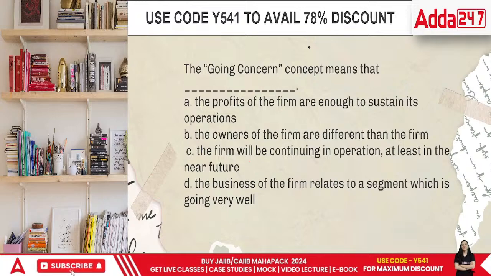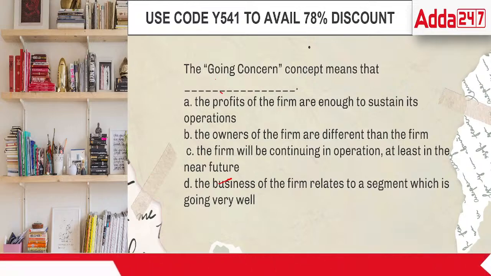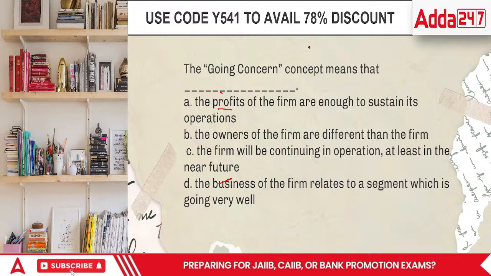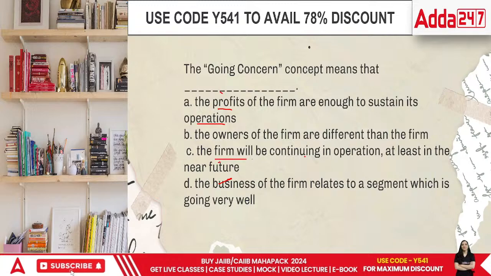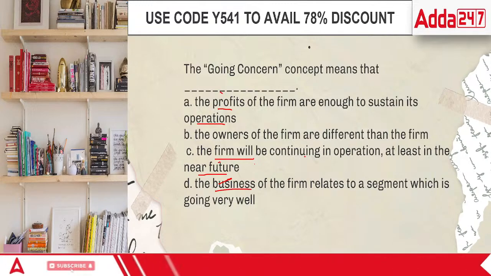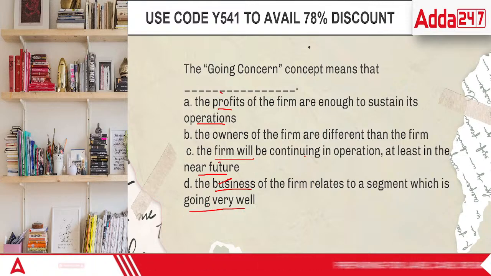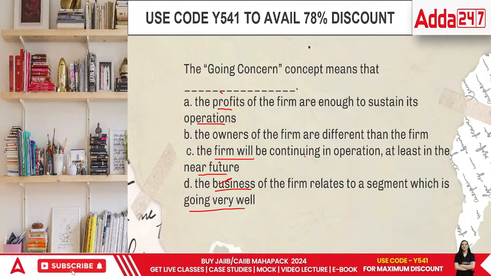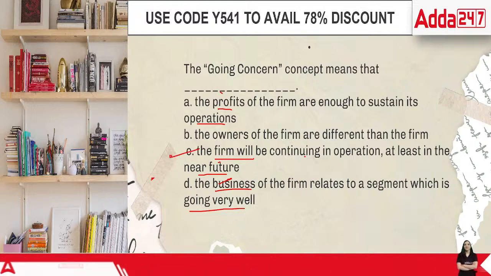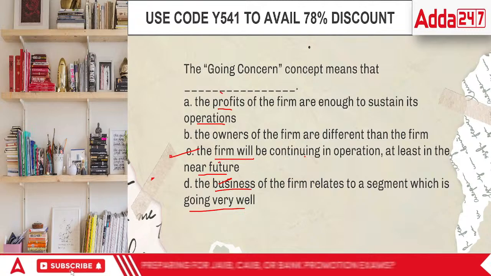Acha, now the point is the going concern concept. What was it, everyone? The profits of the firm are enough to sustain the operations. The firm will be continuing the operation at least in the near future, or the business of the firm relates to a segment which is going great or going very well. I would say this is a point related to only the near future. I can think of only the upcoming few months or maybe a couple of years.